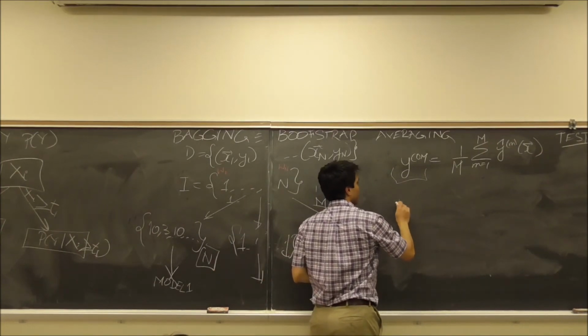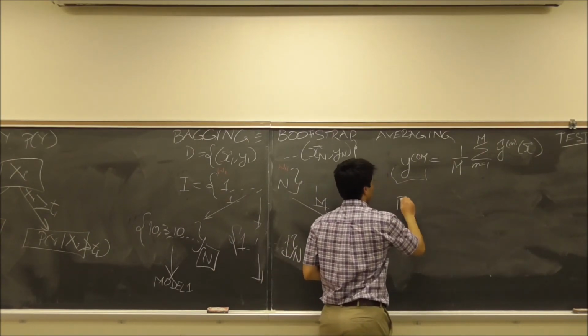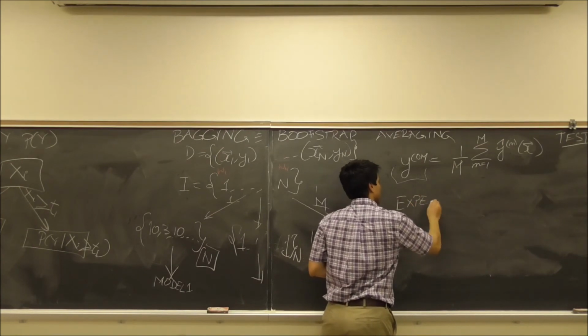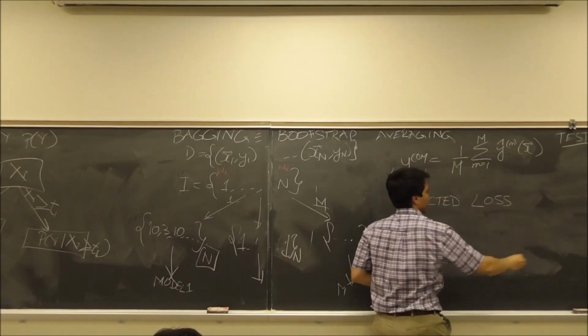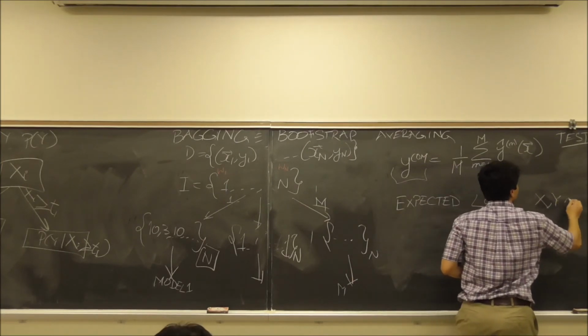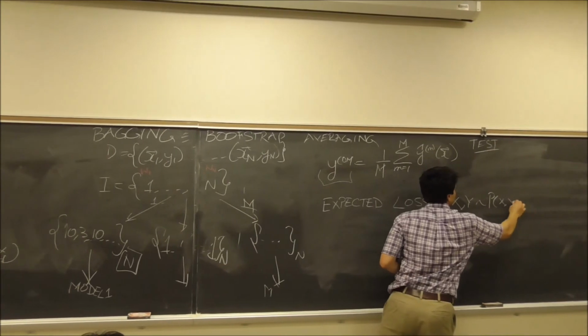This is an expected loss type argument. If you remember, x and y are sampled from some distribution.